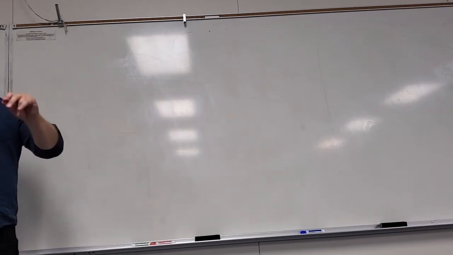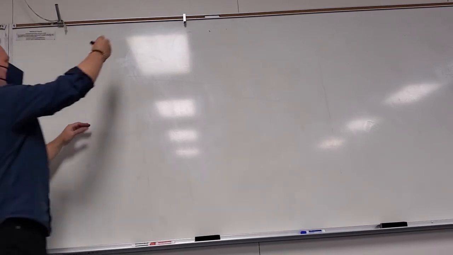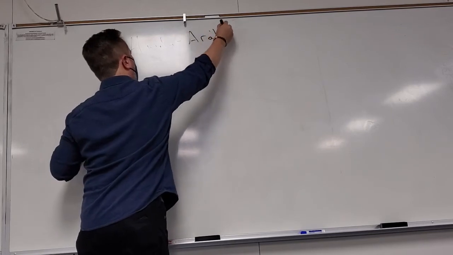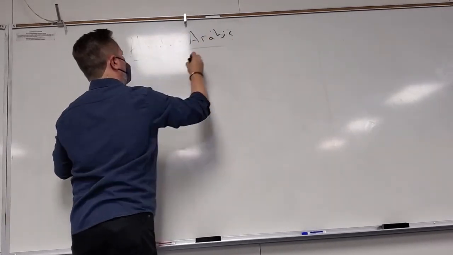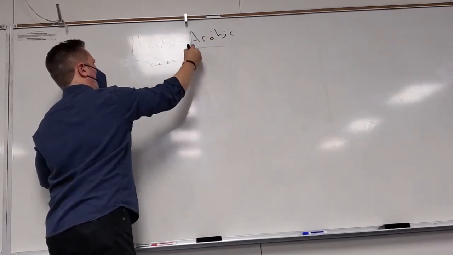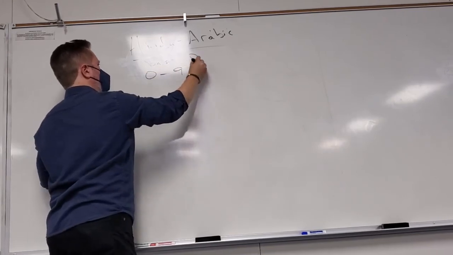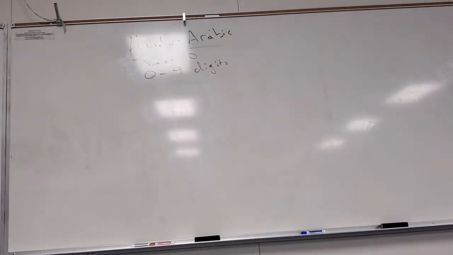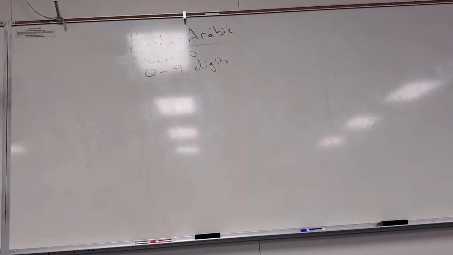Now, let's do this. I want to talk a little bit first about our system, Hindu-Arabic. It's obviously base 10. So we have 0 through 9. Those are our digits. It's always got to be one less than the base. But we do end up with how many digits? 10.